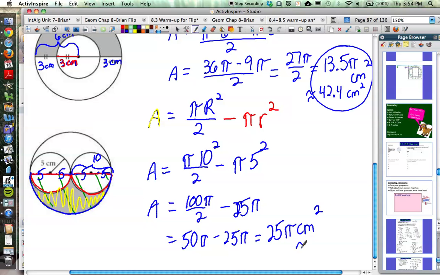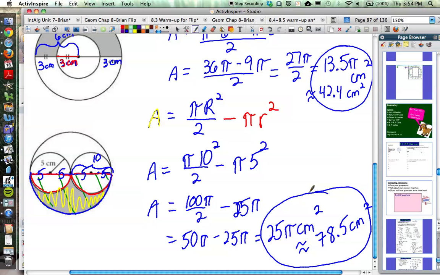And that is approximately equal to 78.5 square centimeters. I hope you followed that. If not, feel free to pause and rewind and take a look at that again. But this problem could be done in a few different ways, I think. That's how I saw it, and hopefully you got to the same final answer if you did it a different way.